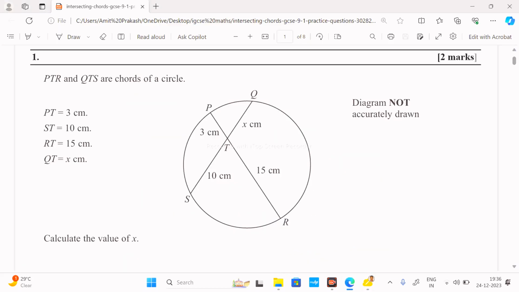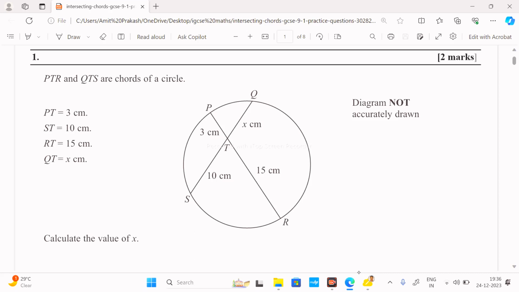We are given a problem: the two chords PR and QS of a circle intersect at T. We are given the lengths of PT, ST and RT, and we have to find the length of QT, that is, the value of x.